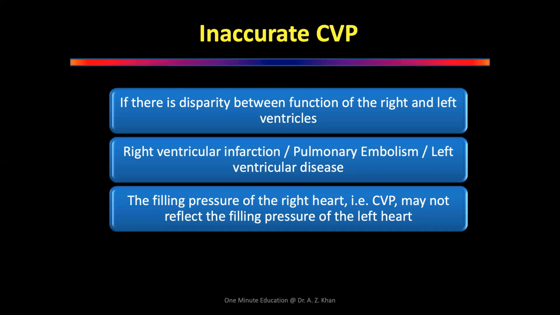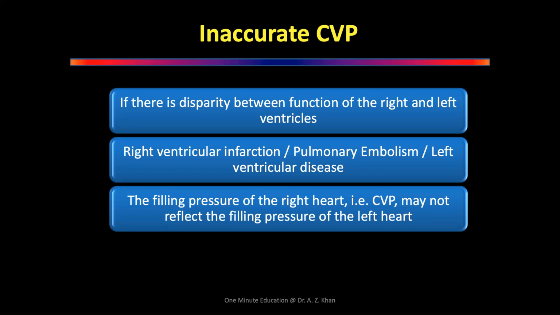But if there's any problem in the pulmonary circuit, like a pulmonary embolism or pulmonary hypertension or anything else, then the right atrial pressure does not represent the left atrial pressure. Or in a compromised patient, the right atrial pressure does not represent the left atrial pressure.